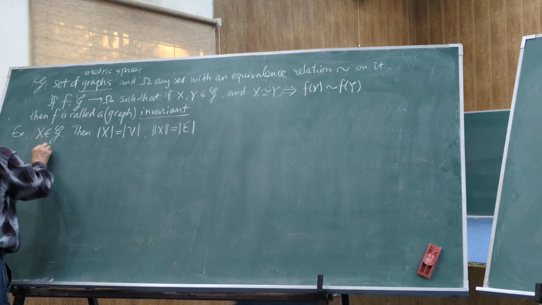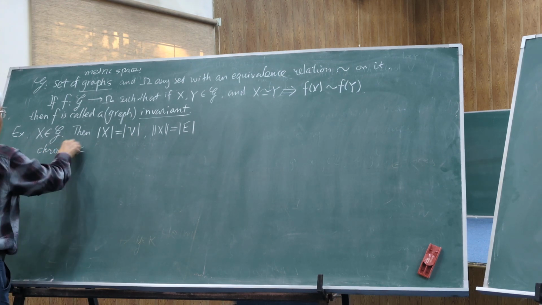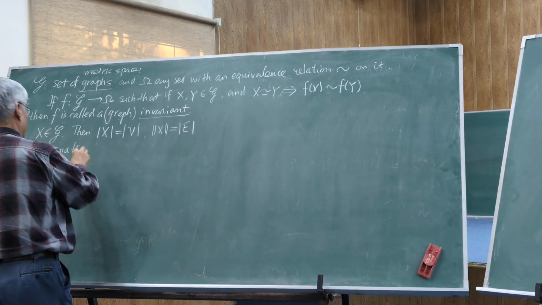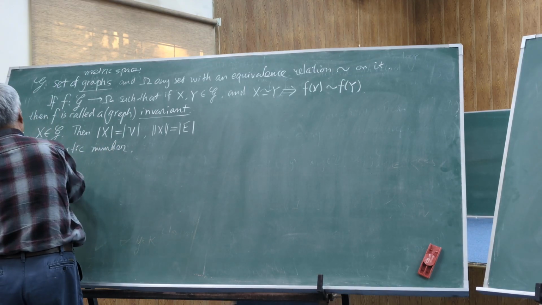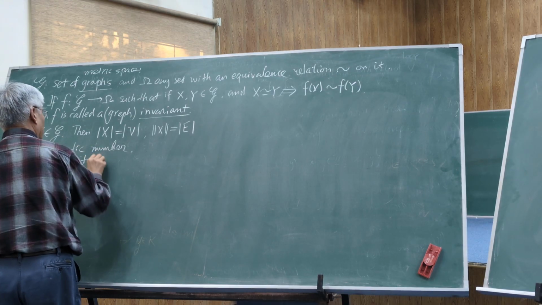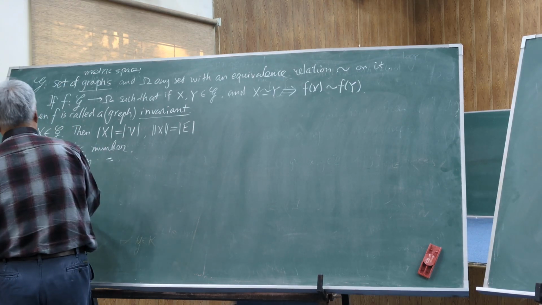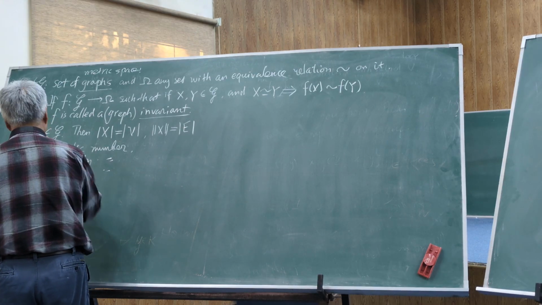Let us list it. They are all not changed under isomorphism. Connectivity number. These are still integers. Covering number. Independent number.